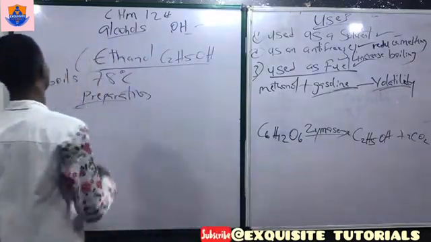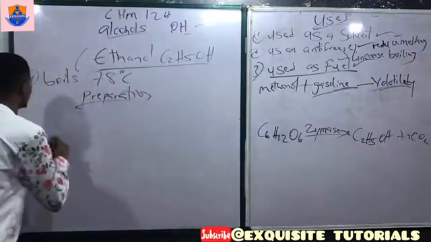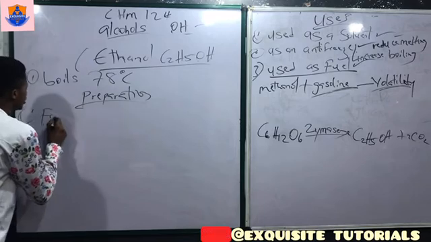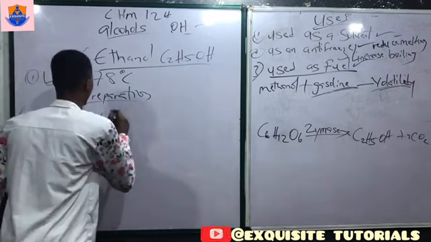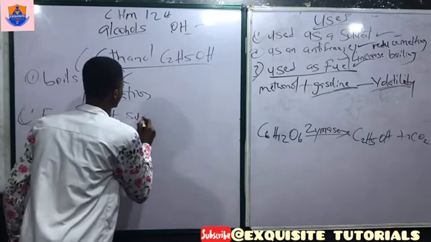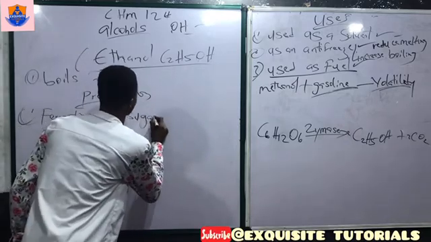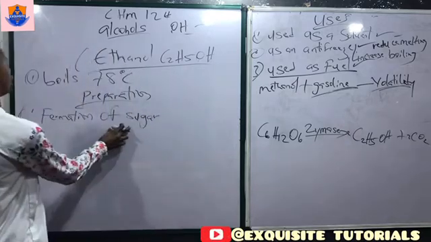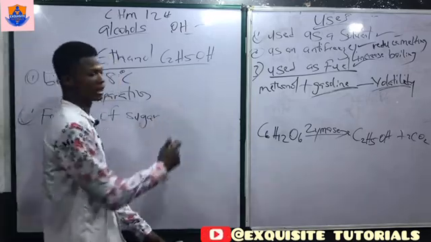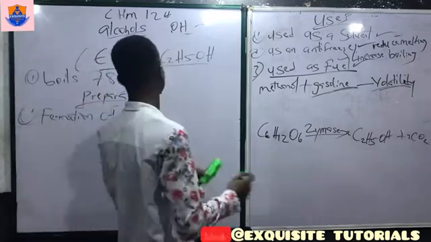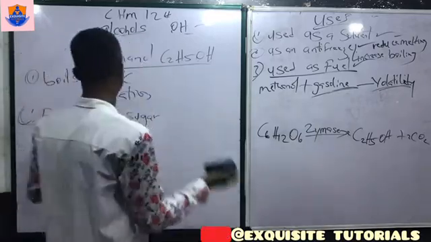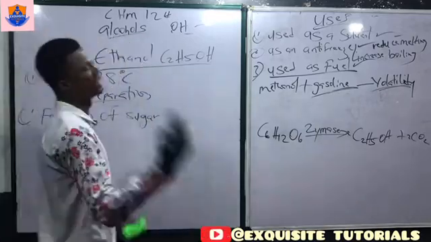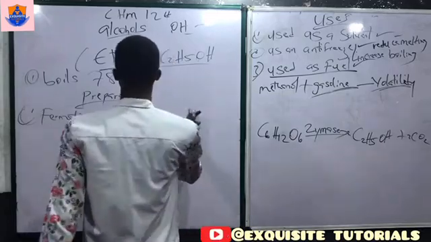The major way of getting your ethanol is fermentation of sugar. Your ethanol can as well be gotten just like every other alcohol from the hydration of an alkene, especially an ethene, to give you ethanol.